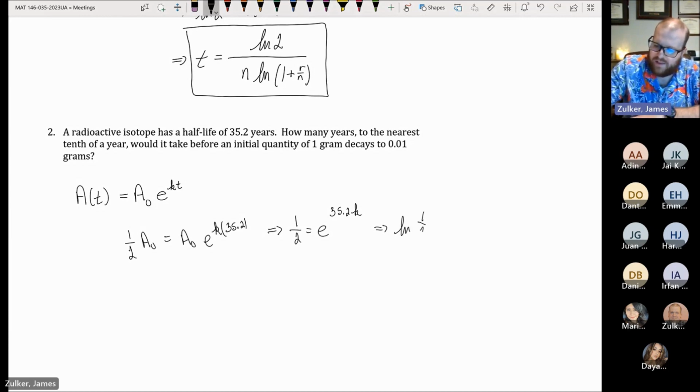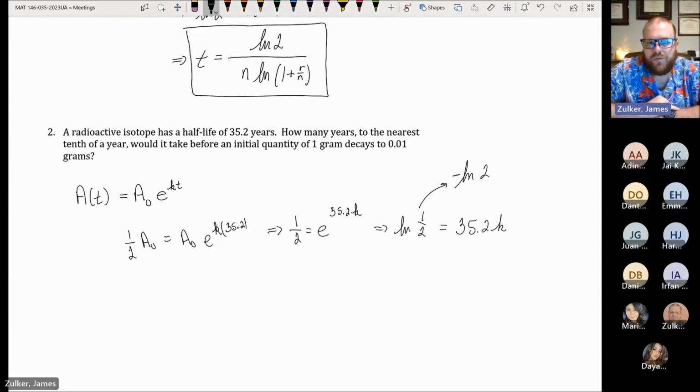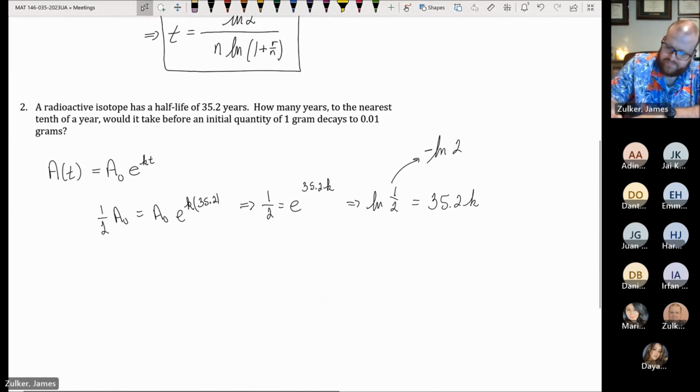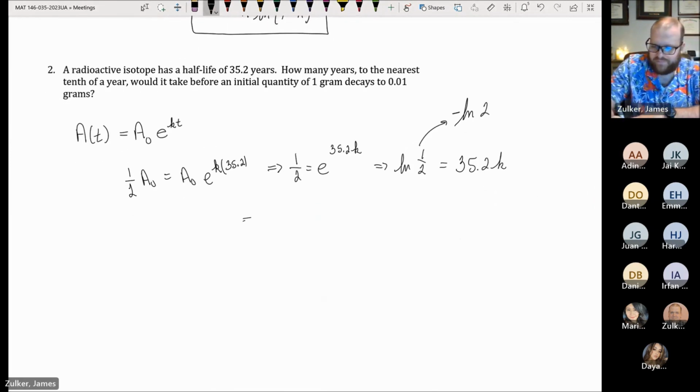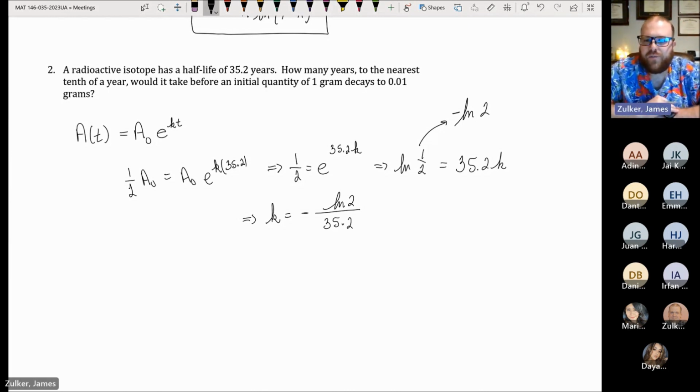It means log of 1/2 is 35.2k, but log of 1/2 is negative log of 2. This means that our k value is negative log 2 over 35.2.